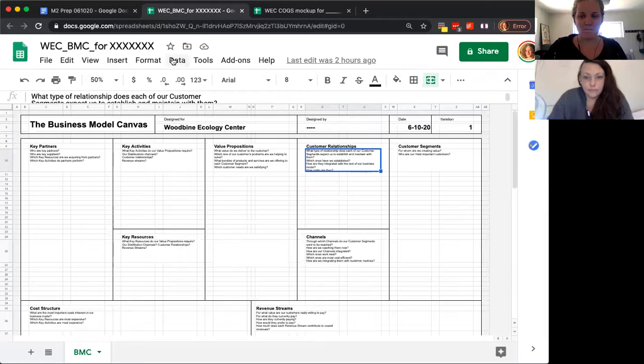Is that what you see? Yep. Great. Looks good. So this is a template. I did not create it, but it's a template that is a way to fill out and have a shared space, if multiple people are filling it out, of a business model canvas.